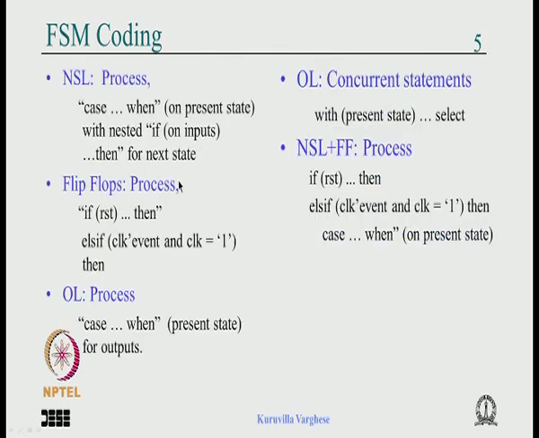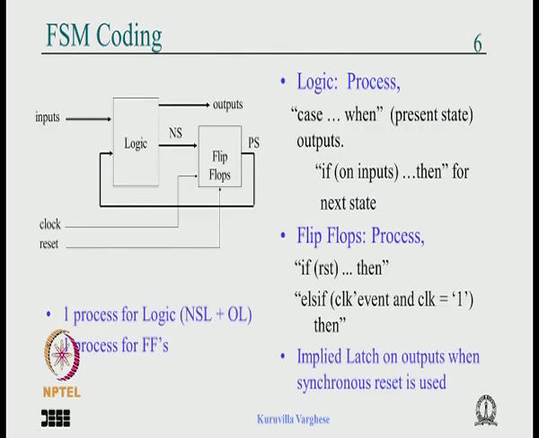Okay. The next possibility is that we come to a two block view, where the next state logic and output logic are combined into a single block, where the outputs are next state logic and the outputs. So now you can write this in a single process and the flip flop in a process, and the flip flop is as usual, but here again you do a case present state for each choice.